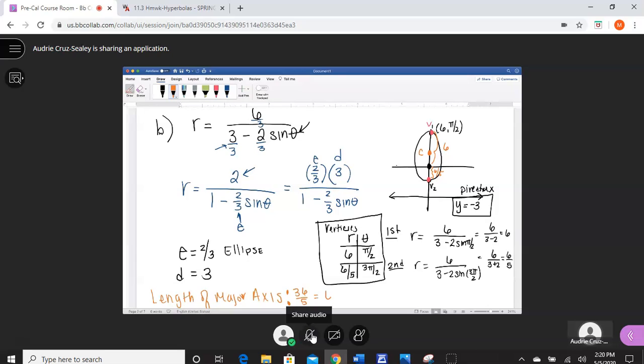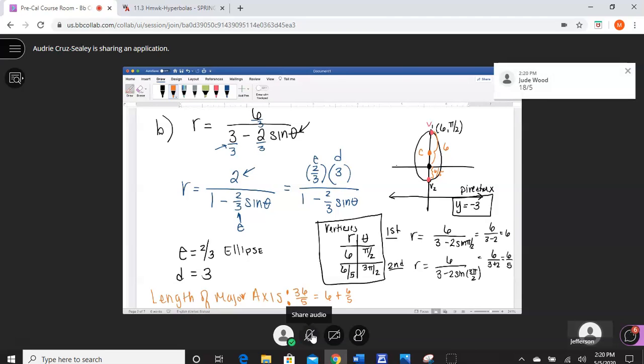Okay, so then couldn't you divide that by 2? What is 36 over 5 divided by 2? 18 over 5. Oh, okay, yes. I'm cool with 18 over 5.